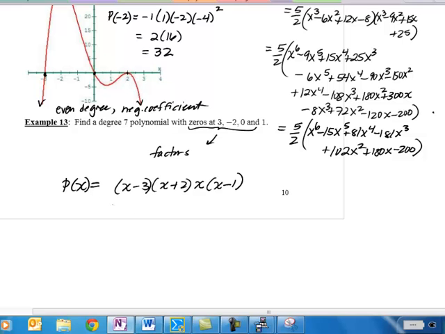But so far, this is just degree 4 because I only have 4 x factors in the mix. So I need a total of 7 factors, including repeated factors.